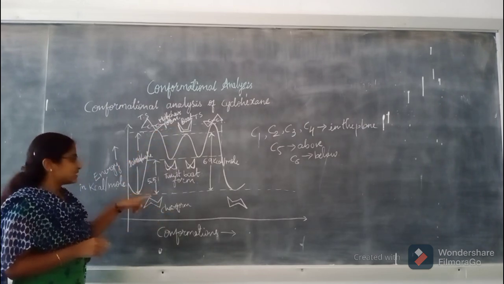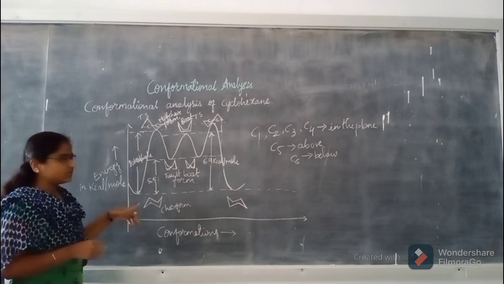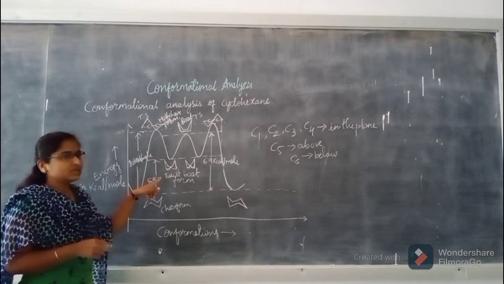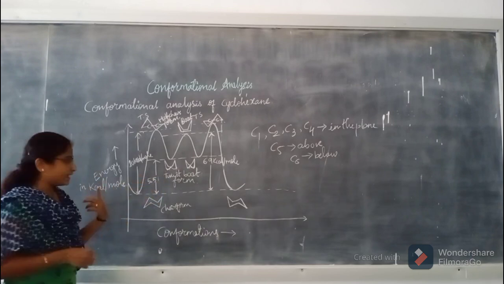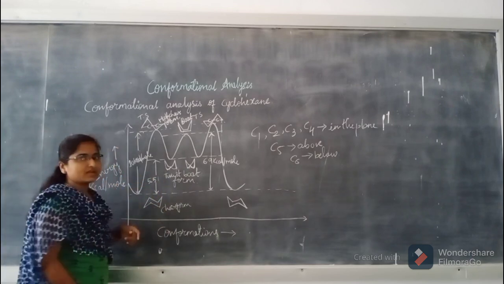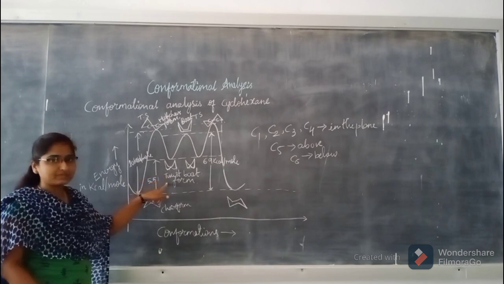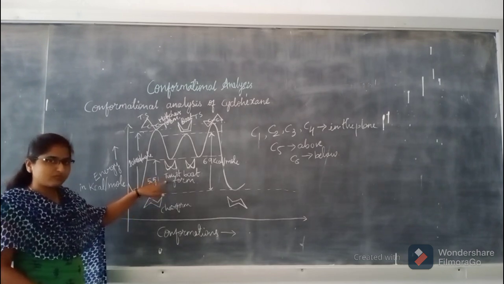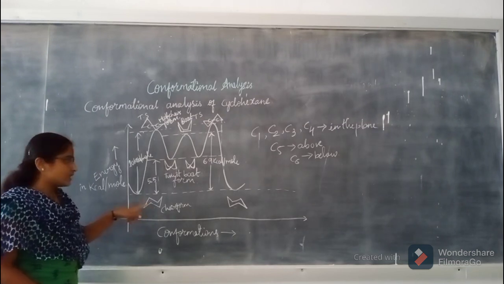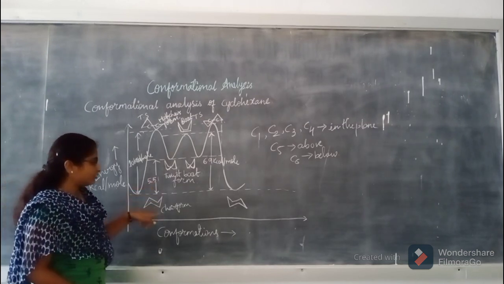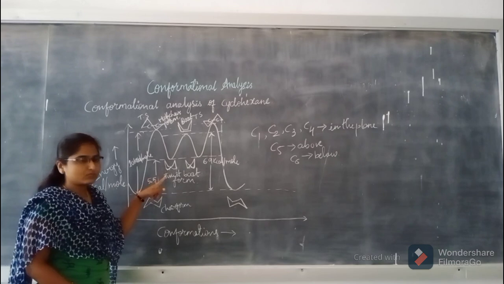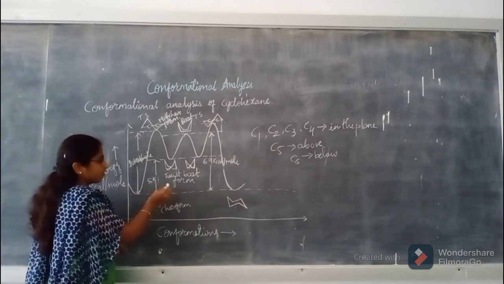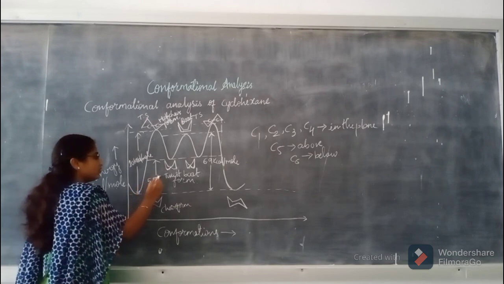Because in the chair form the bonds are staggered, whereas in the twist boat form they are eclipsed. As a result of that, you can observe more strain in the twist boat form when compared to the chair form. So the energy barrier between chair form and twist boat form is 5.5 kilocalories per mole.